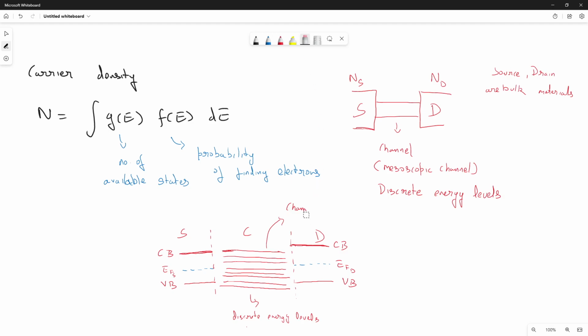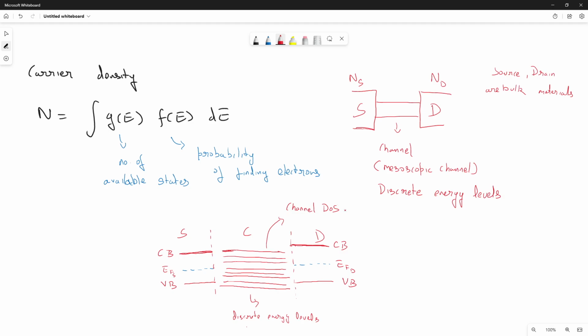So we'll have a channel density of states. That will tell me how many electronic states are available at any given energy.